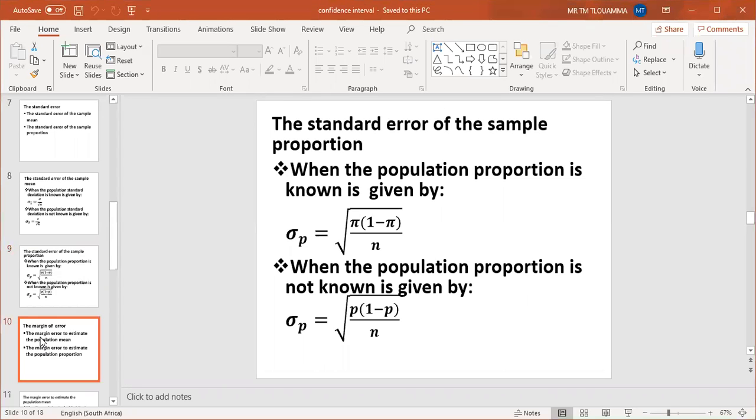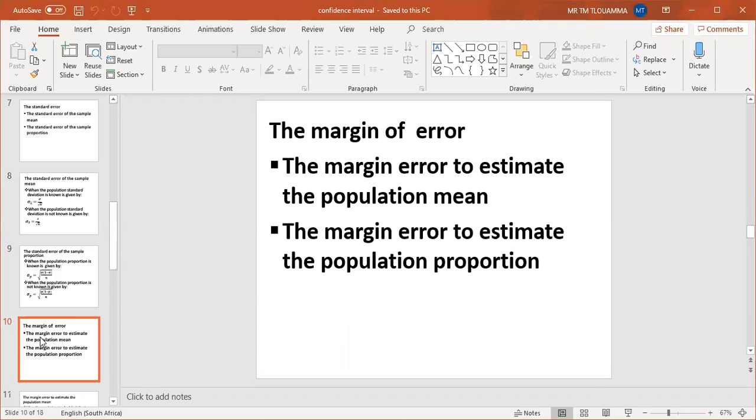Then the margin of error. The margin of error is used to estimate the population mean, and it is also used to estimate the population proportion, whereas the standard error is used to estimate the sample mean and the sample proportion.